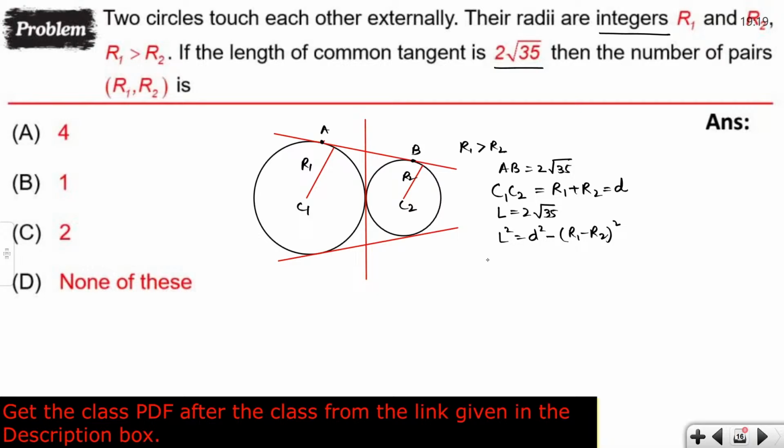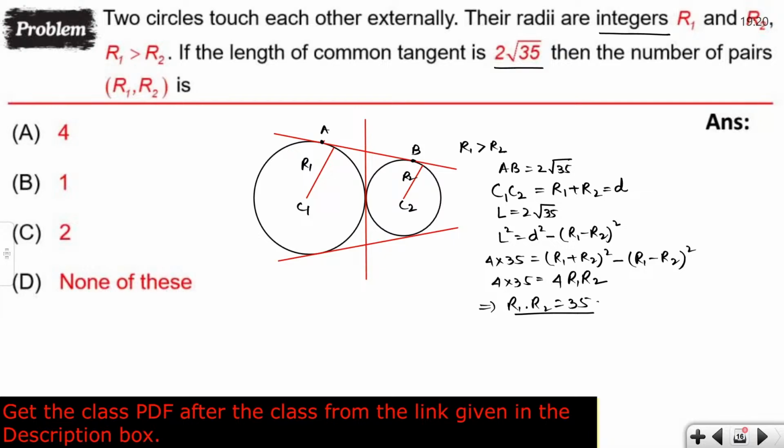So L square is 4 into 35, which equals (R1 plus R2) whole square minus (R1 minus R2) whole square. If I open the brackets on the right hand side, we get 4 R1 R2, which equals 4 into 35. That gives us R1 into R2 is 35, correct?